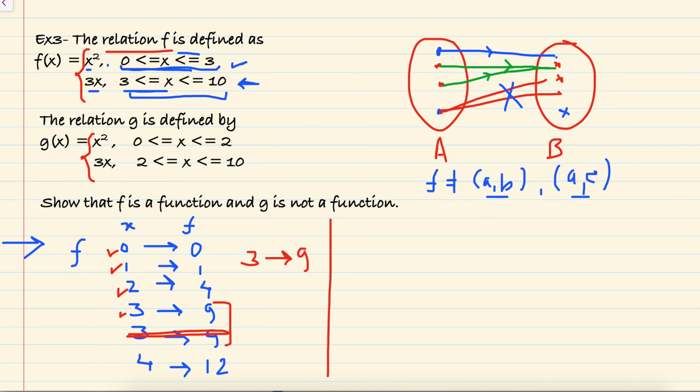Now if we take the case of g, so x and then g(x), 0 1 2 3. So here for 0, 1, 2 it should be x square.